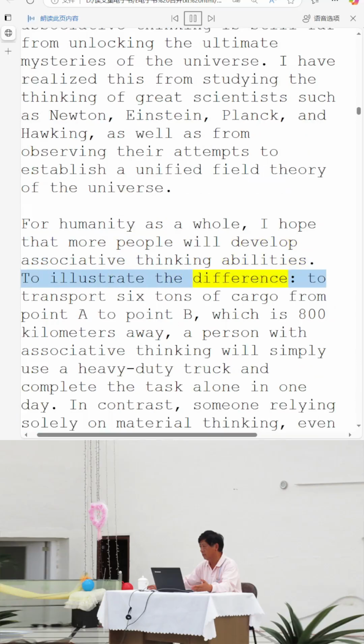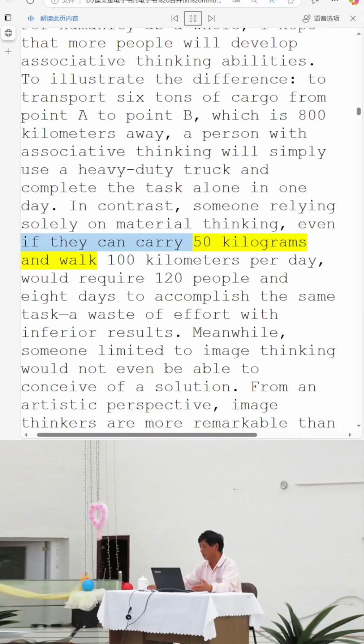To illustrate the difference, to transport 6 tons of cargo from point A to point B, which is 800 kilometers away, a person with associative thinking will simply use a heavy-duty truck and complete the task alone in one day. In contrast, someone relying solely on material thinking, even if they can carry 50 kilograms and walk 100 kilometers per day, would require 120 people and 8 days to accomplish the same task, a waste of effort with inferior results.